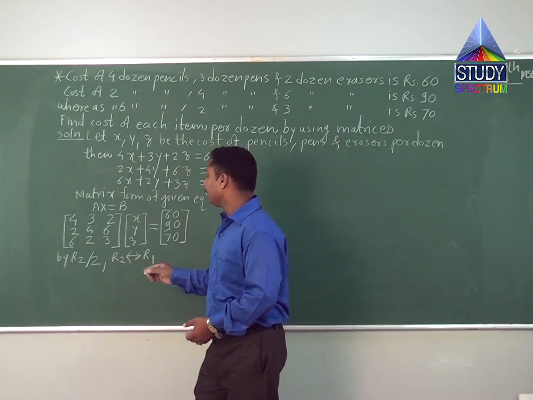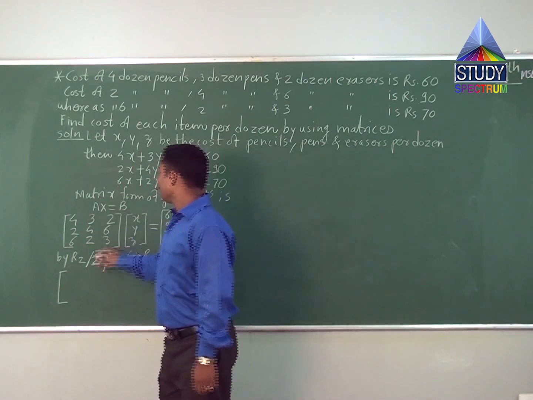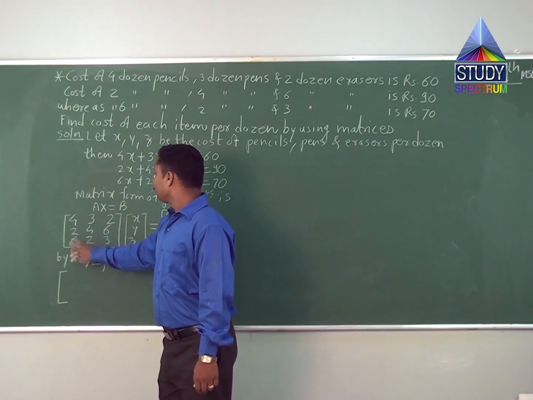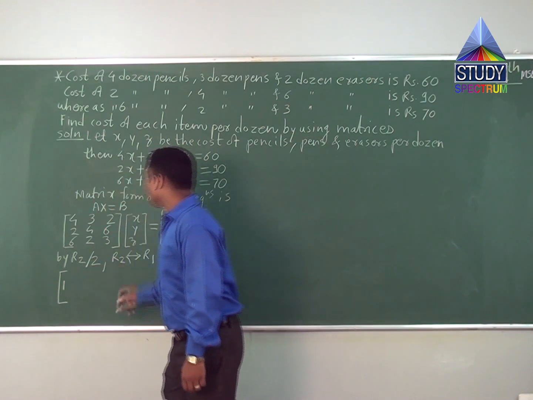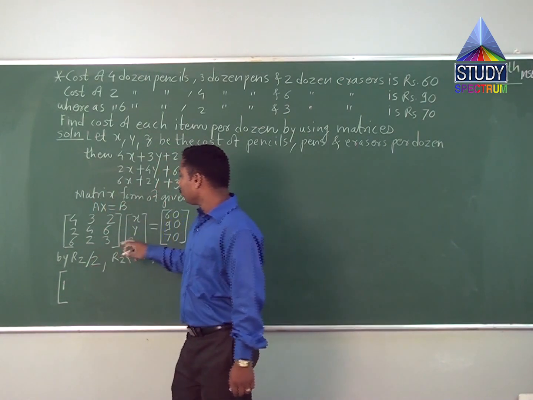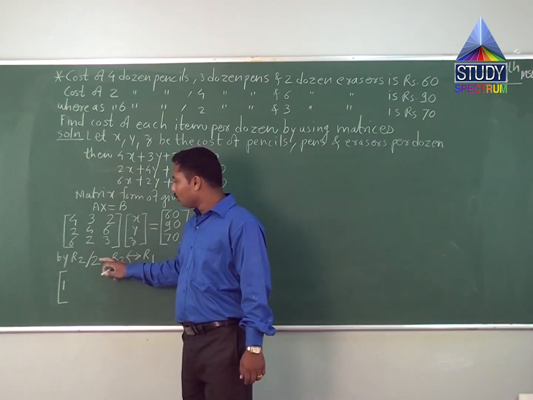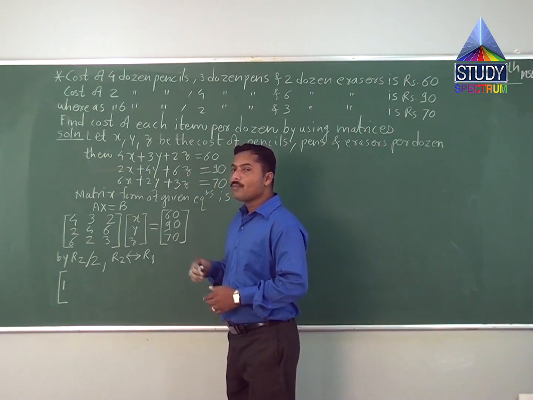So what we get? R2 divided by 2 means second row divided by 2: 2 upon 2 is 1, 4 upon 2 is 2, and 6 upon 2 is 3, interchanged with the first row.